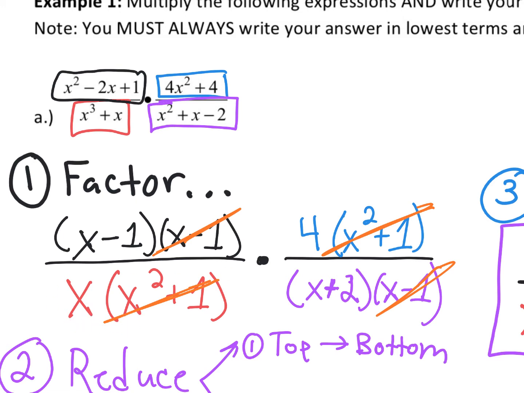You'd end up with really big polynomials that don't factor nicely. So you wouldn't be able to get an answer in lowest terms. It would be really hard. This way, way easier. Good question though. I like the thinking. The wantingness to have an easier way. I like that. That's actually a good thing.